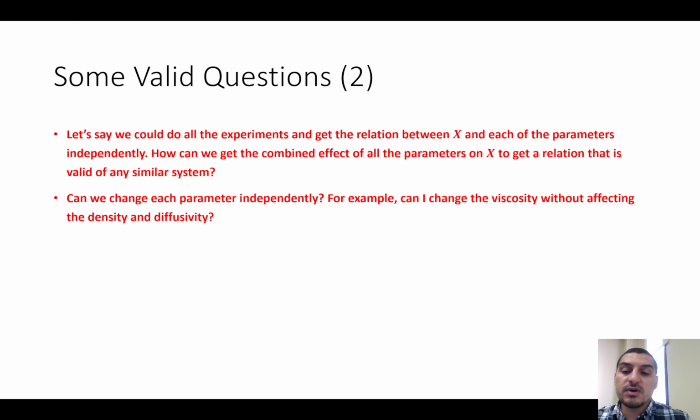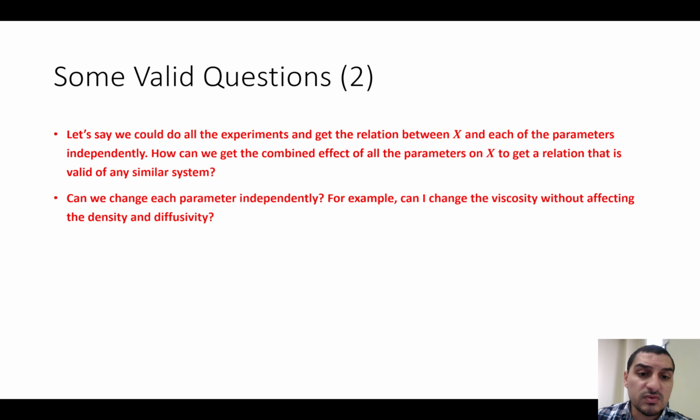Okay, the only way we can change the density is by either changing the fluid that we are dealing with, whether the whole fluid or its composition, dilute it, whatever, or by changing the temperature. These are the two main factors that will affect the density. But these two factors will also affect the viscosity. So the assumption that we can change one parameter independently is an impractical assumption.